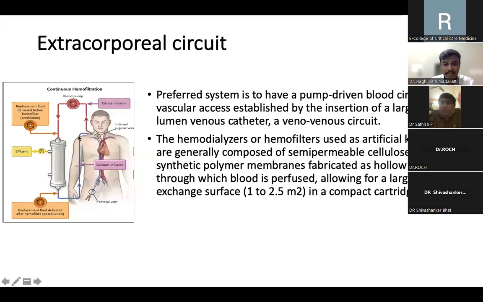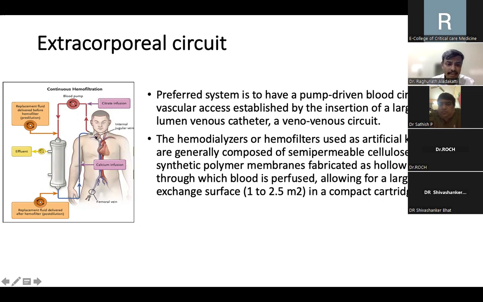Most of the time the catheter is put in the intrajugular vein. The pump driven circuit with vascular access is established by insertion of a large double lumen venous catheter. This large double lumen venous catheter is usually kept in the IJV. You can even use a femoral catheter. Very rarely people use subclavian. Most commonly used is the IJV. That you should know.